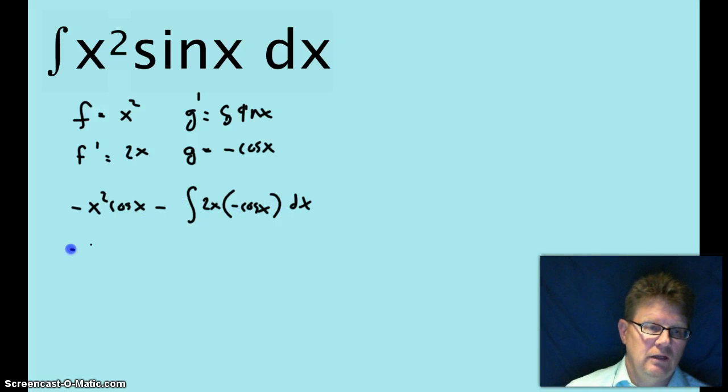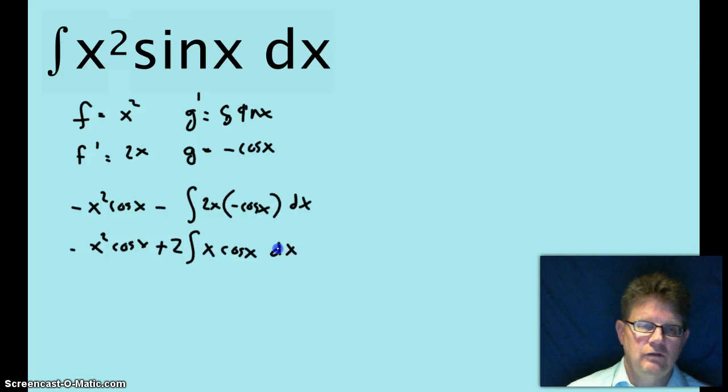So this would be negative x squared cosine of x. Let's go ahead and move that out front, plus 2 times the integral of x cosine x dx. I move the negative out front of the integral, and I move the 2 out in front of the integral.